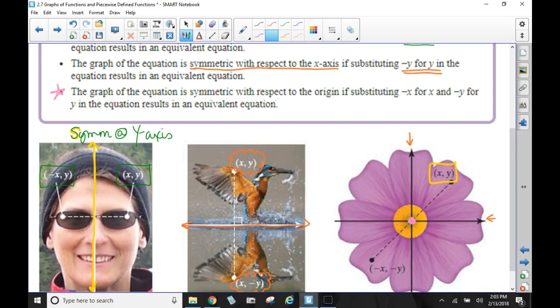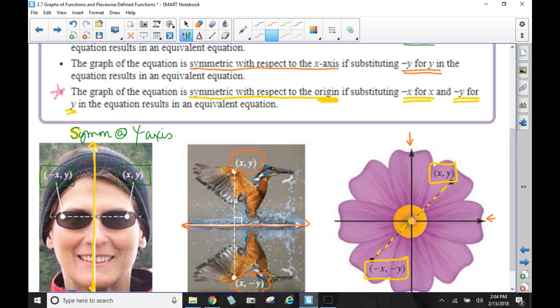If you've got an xy ordered pair, and the graph also contains a negative x and a negative y, then we're going to say that we have symmetry about the origin. So to test whether an equation is symmetric about the origin, we substitute both a negative x in for x and a negative y in for y.